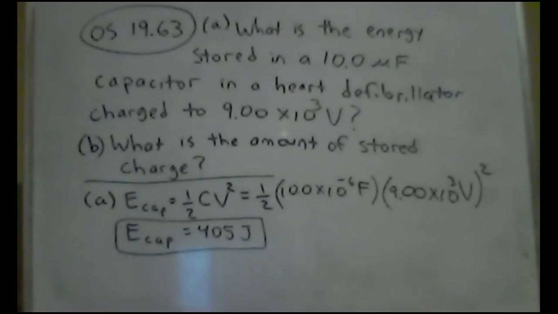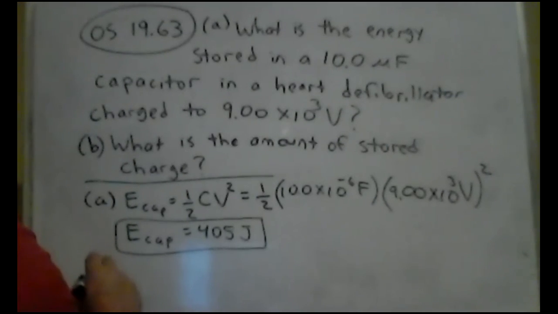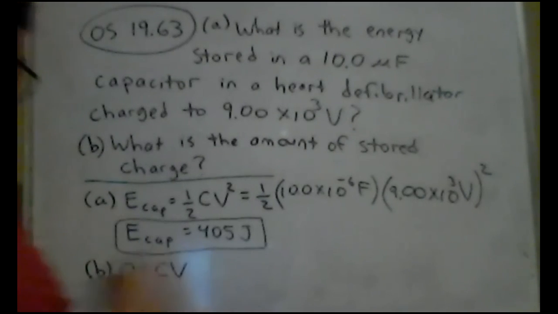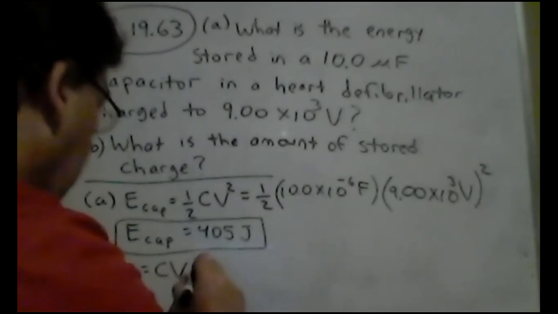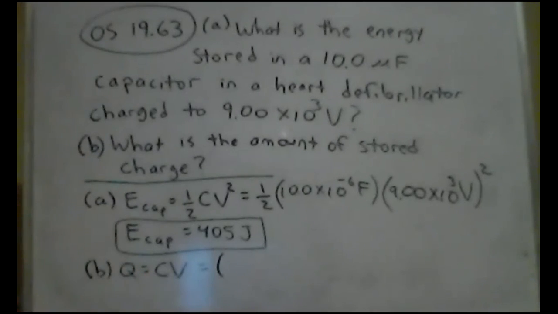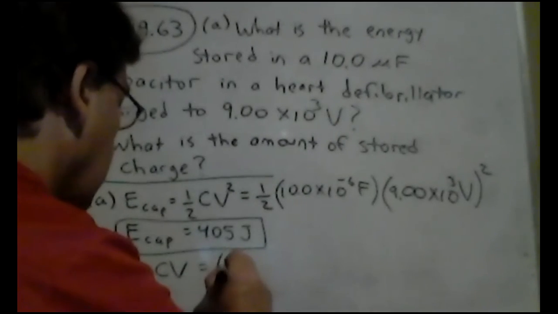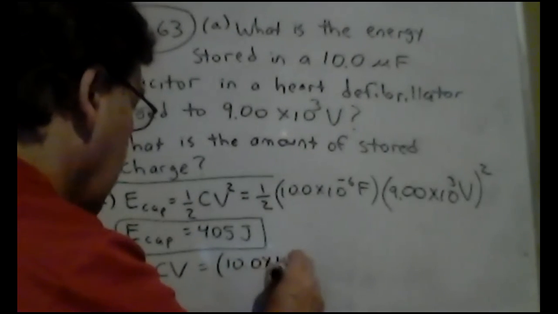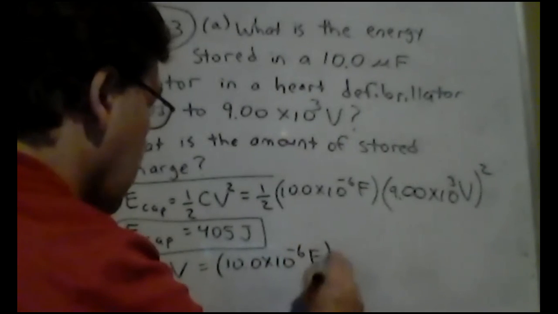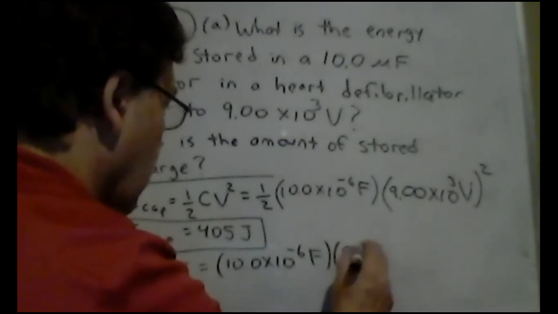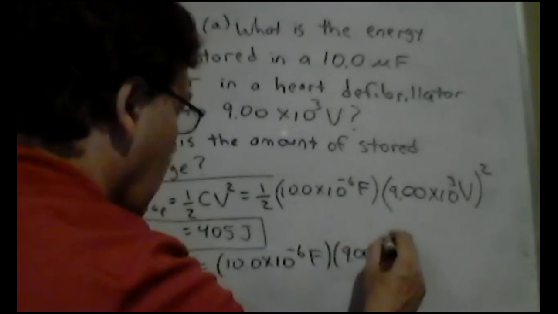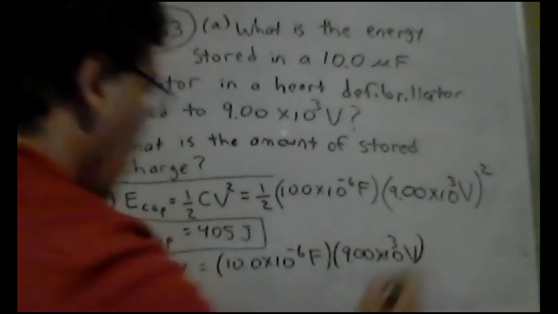And then B, what's the stored charge? Well, I use the basic formula for the capacitance, Q equals CV. And I get that that's going to be, C again is 10.0 times 10 to the -6 farads times 9.00 times 10 to the third volts.